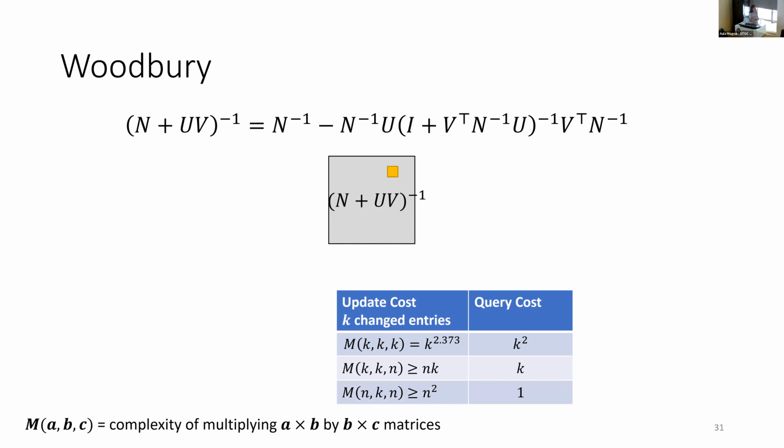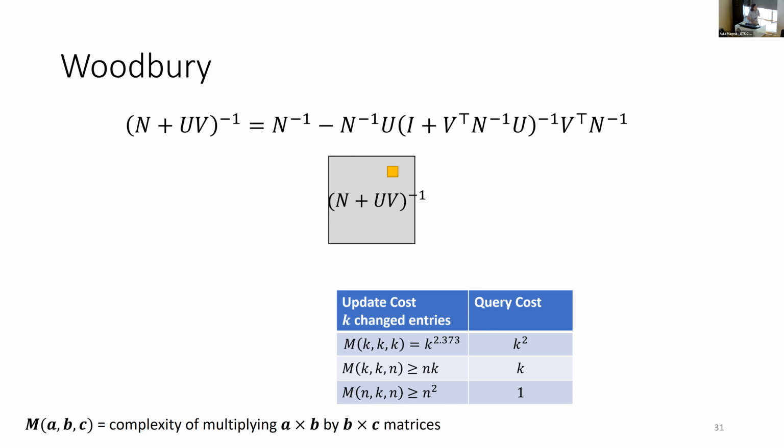You pay at least n squared time. You basically just multiply everything together, compute the inverse explicitly. But now you can read an entry of the inverse in constant time because you already computed it. So you see that there are three different ways we can use the Woodbury identity. And you get a trade-off between paying more in your update or paying more in your query cost.